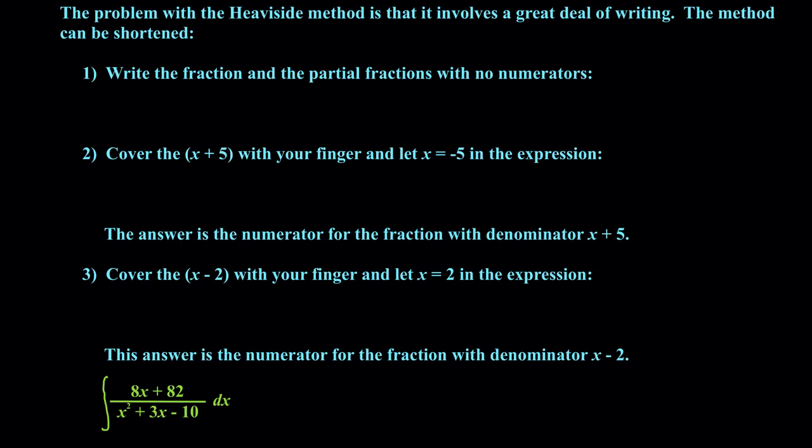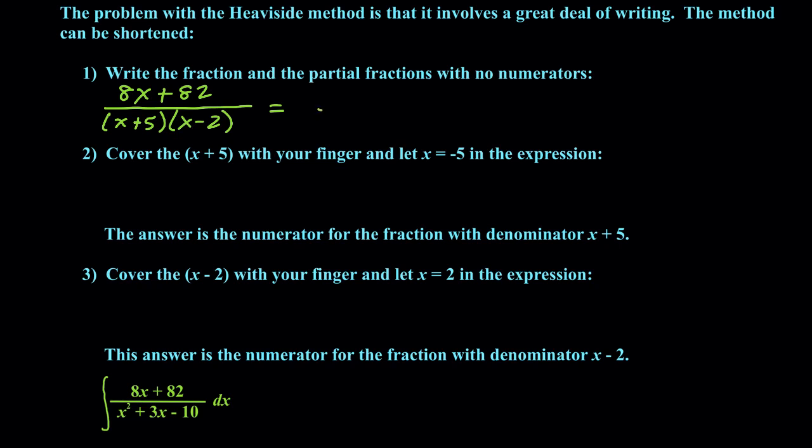So we're going to write the fraction. So the fraction was 8x plus 82 over x squared plus 3x. And actually, let me go ahead and write this in the factored form here. So that's going to be x plus 5 times x minus 2.